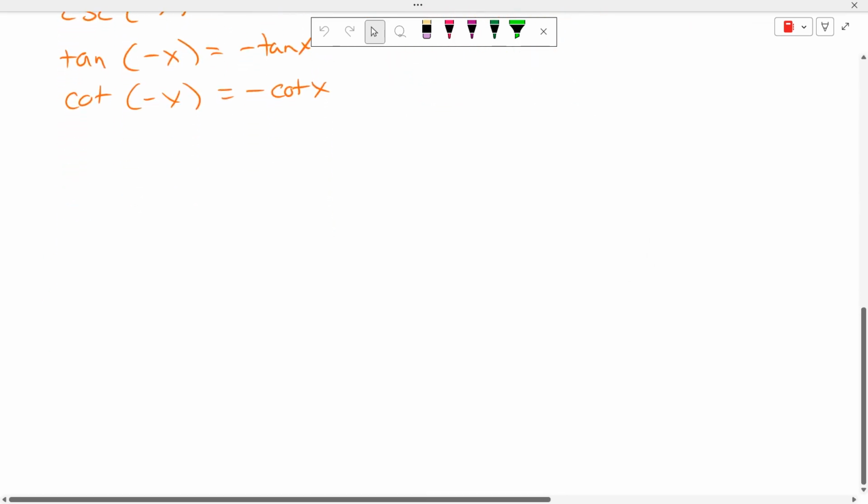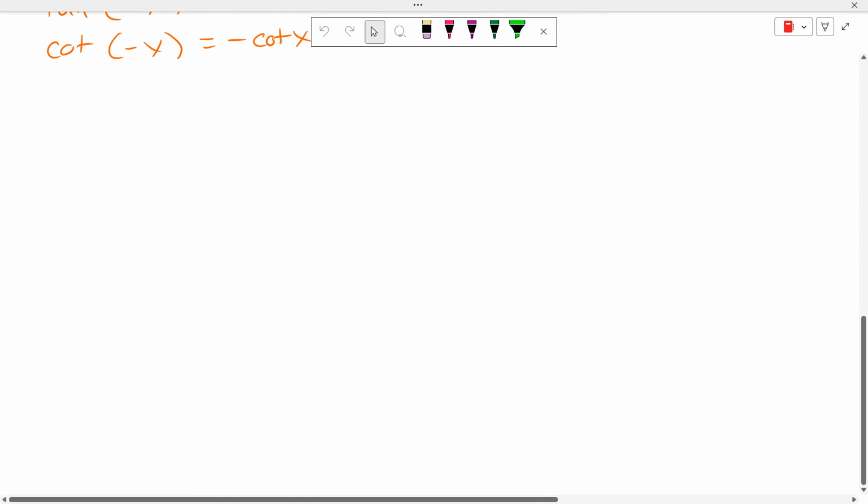So, what are we doing today? Well, in this first section, we're turning things that aren't sine and cosine into sine and cosine. So if we had secant of x divided by tangent of x, how can we simplify that? To simplify this, we want to turn things that are not sine or cosine into sine and cosine.